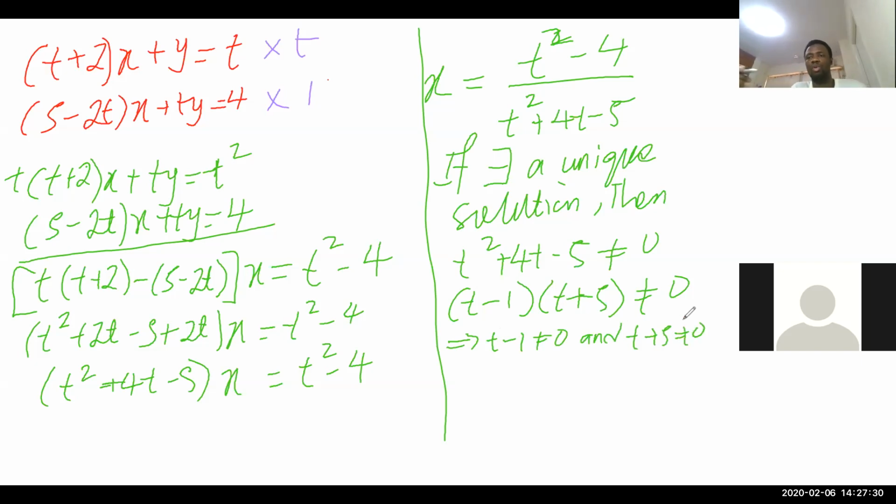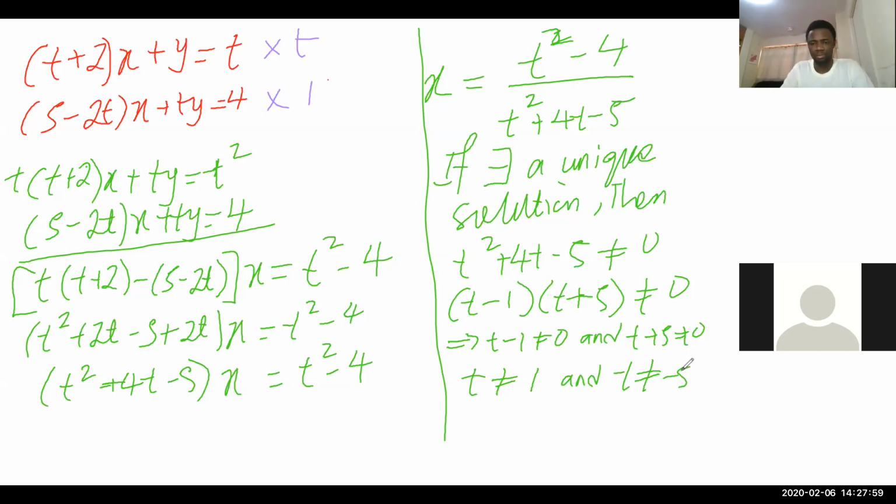Because if you use the word or, it could be that one of them is 0. But if I use and, it means both of them can never be 0. So with this, it means t is not 1 and t is never negative 5. Is that what you got, Lillian?